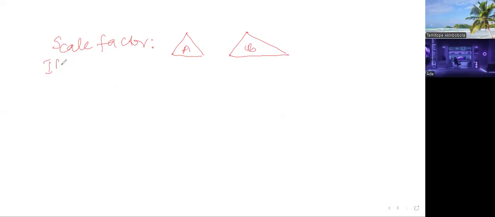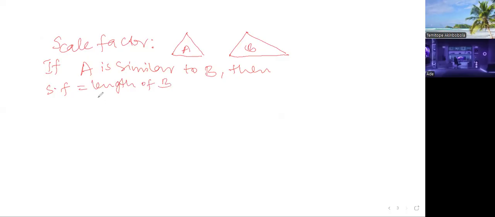So if A is similar to B, then scale factor equals length of B over length of A. I mean, the length of shape B over length of shape A, if they are similar.